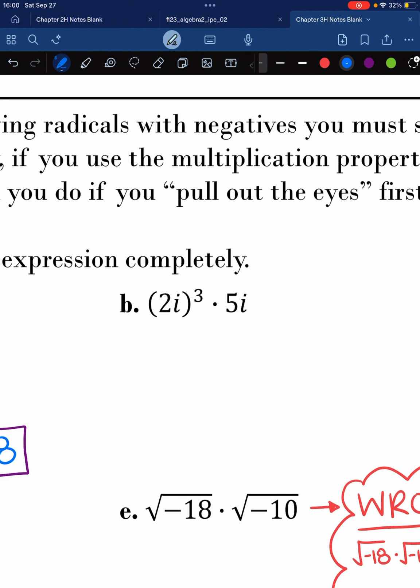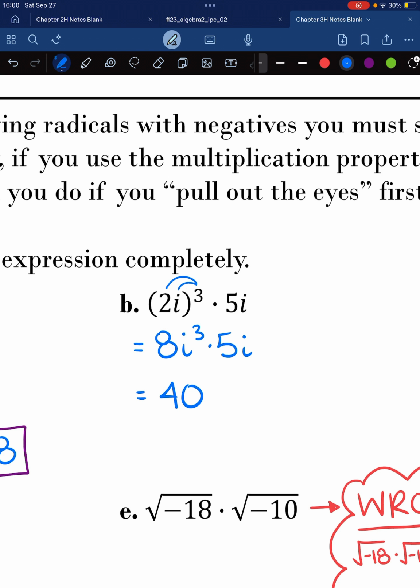Alrighty. B, okay, notice 2i cubed, the 2i is all in parentheses, so both things are being cubed here. So this is going to be equivalent to 8i cubed times 5i. I'm going to go ahead and do the associative property and really commutative property and then associative property in my head.